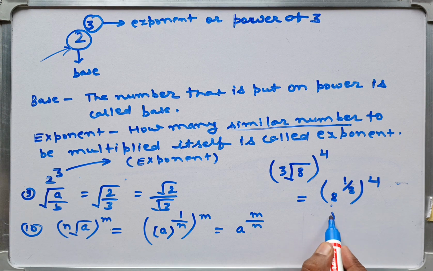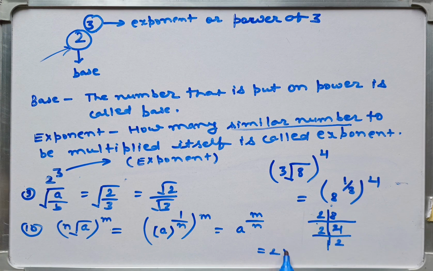Basically what we do in this case: 8 is 2 into 2 into 2, or you can also write it as 1 plus 1 plus 1. Because nothing is given in the exponent, the power is 1, so this is 2 to the power of 3.